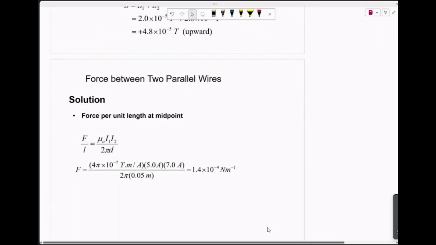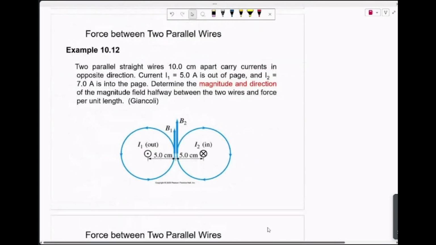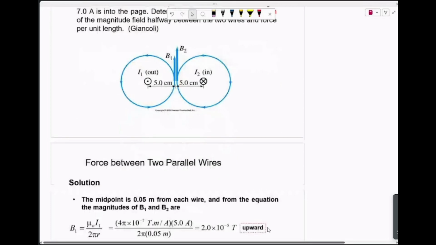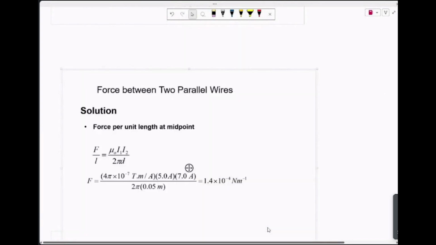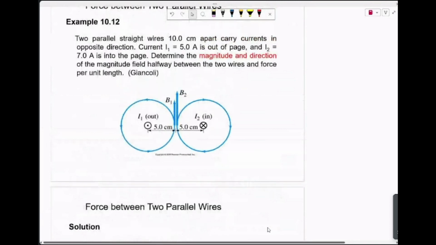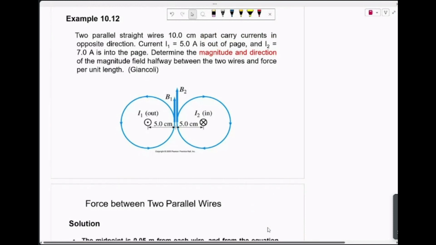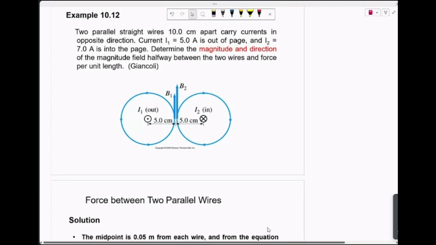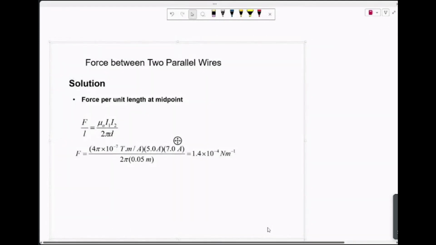Wait, I don't quite understand the question. Which part? The two parallel wires? Where is the 5 and 7? I think the second solution, this one is wrong.